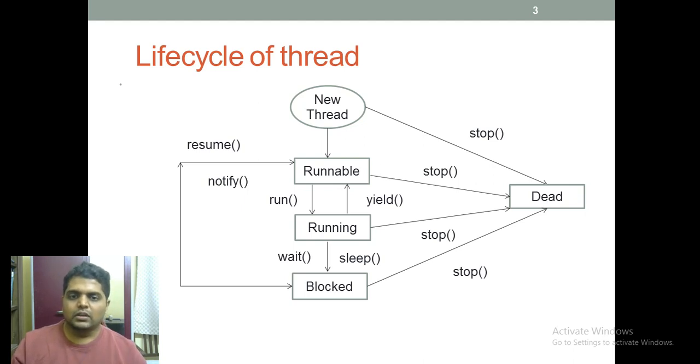There are also cases in which you can move from one state to another. Consider moving from the blocked state back to the runnable state: we can do that with the help of the resume method and the notify method.